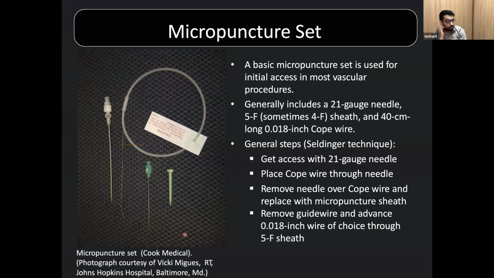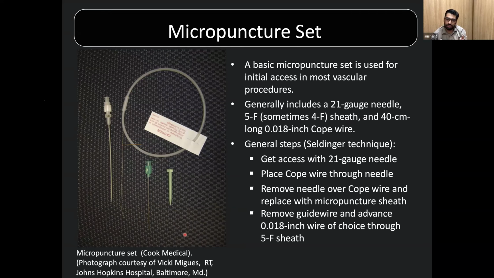So again, we have a micro puncture set if we want to have access from very small arteries like pedal, or we want to have a radial access, or we want to puncture with a very small needle. So we use a 21 gauge needle. It is a smaller caliber, and similarly, the 21 gauge needle will have a smaller wire like access wire which is 0.018 inch.